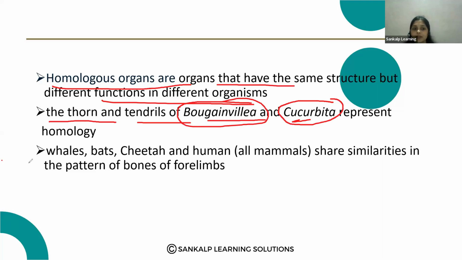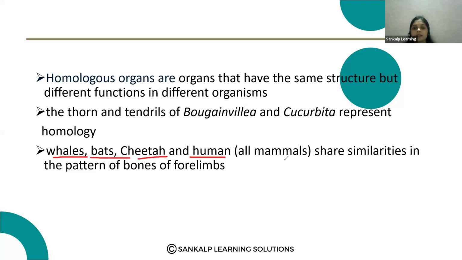And one more example: whales, bats, cheetahs and humans, all mammals, share similarities in the pattern of bones in the forelimbs, but they perform different functions. In bats it is used for flying, and in whales for swimming. They have similar anatomical features, so they are called homologous organs.